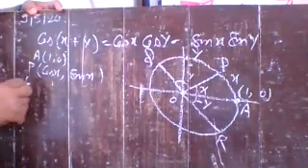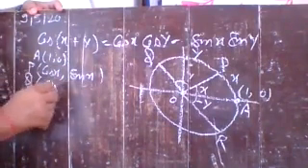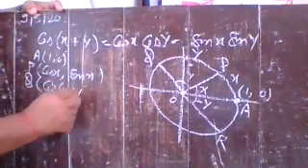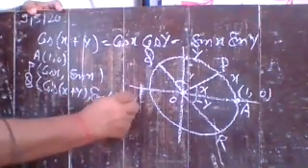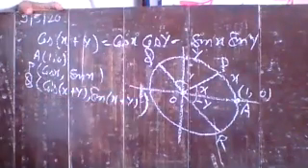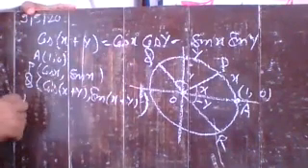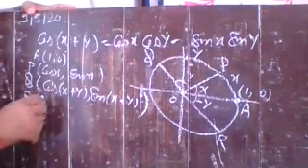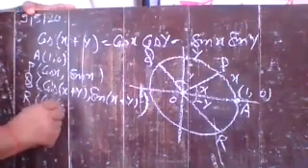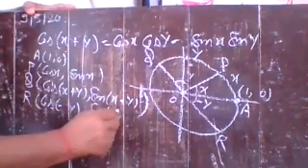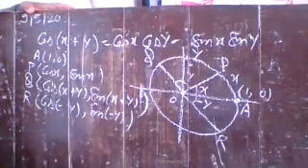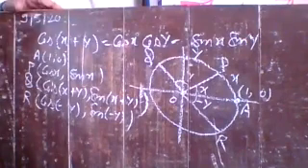And the coordinate of point R is (cos(-y), sin(-y)). So in this way, you have the coordinates of all these points.